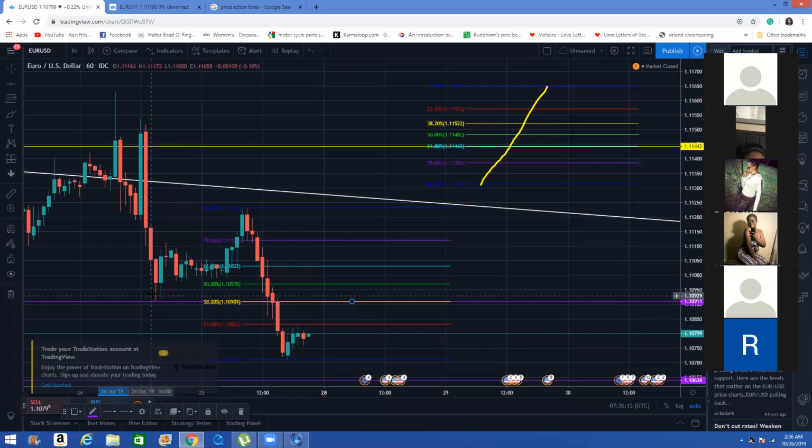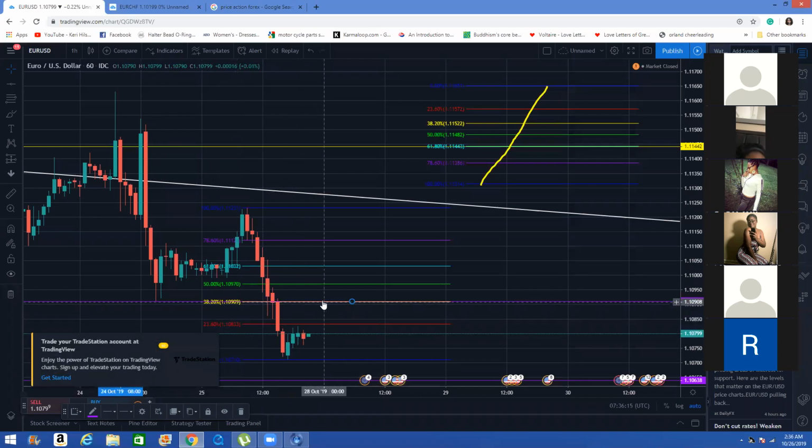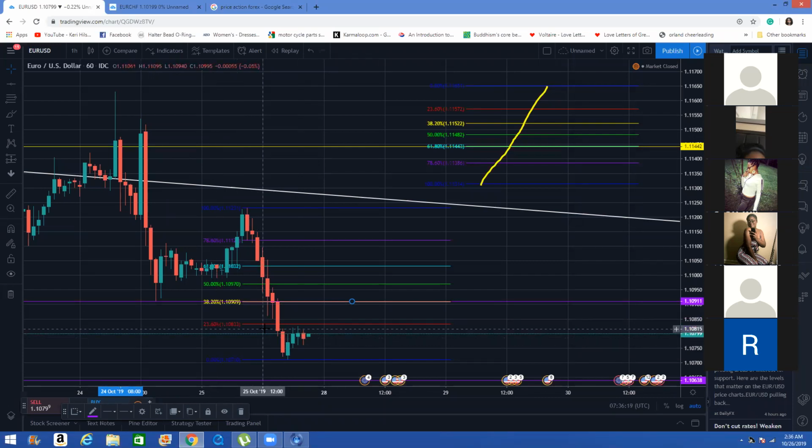It's not ironic that that wick is the same price as that 38. It's not ironic at all. So I know that price could easily be coming back up to right here before it drops.